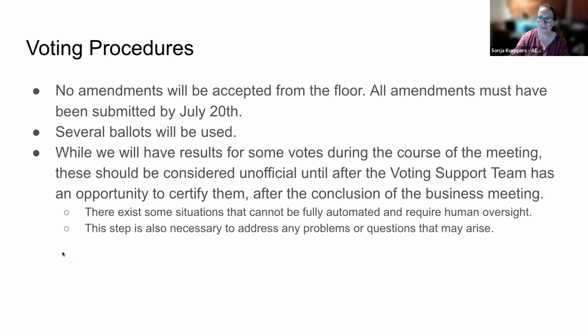I hope that it will be clear when you look at the agenda why it's necessary. So we're trying to make it as easy as possible and still respect the will of the assembly in making these decisions in real time when needed. Okay, because of that, we're going to have results for some of the votes during the course of the meeting.